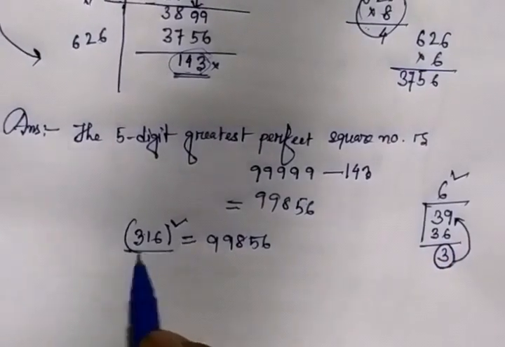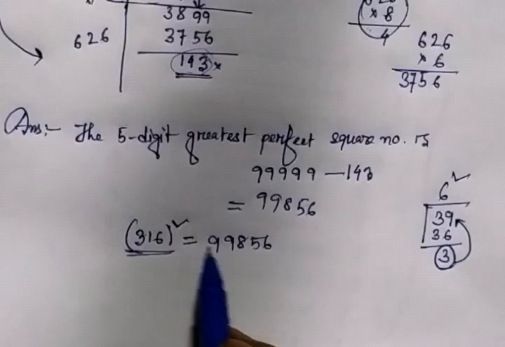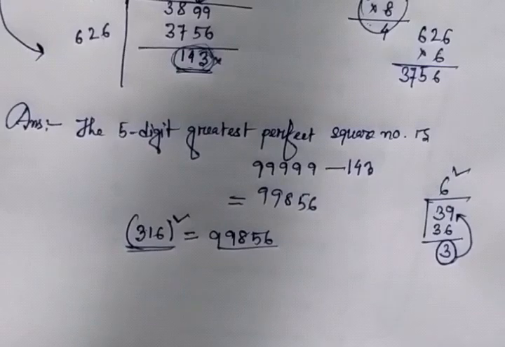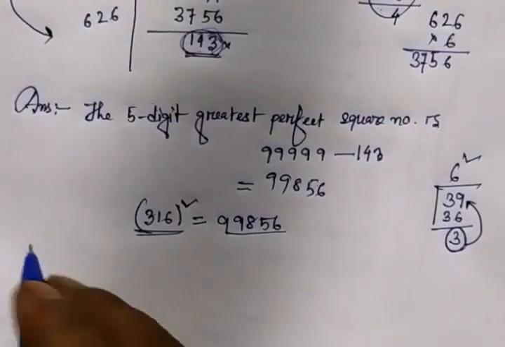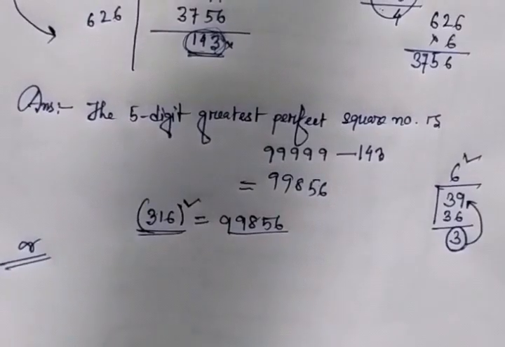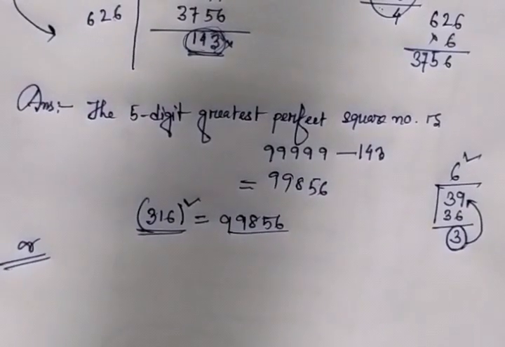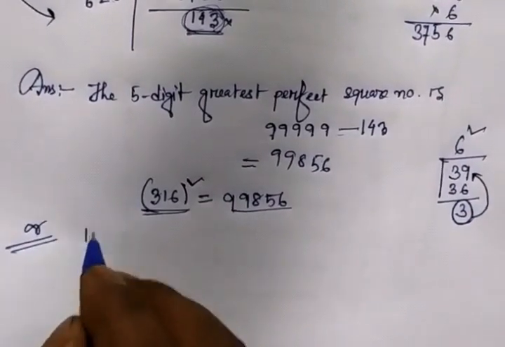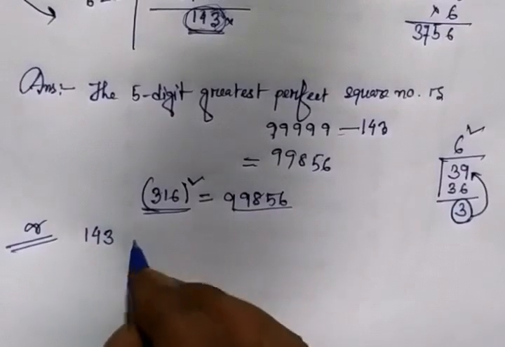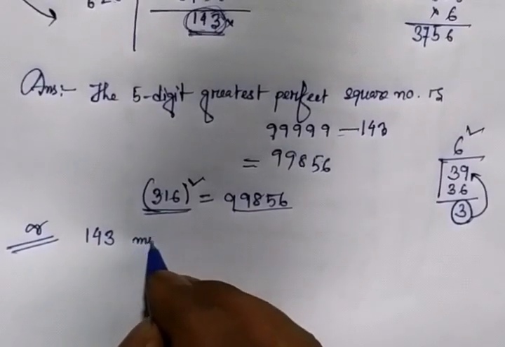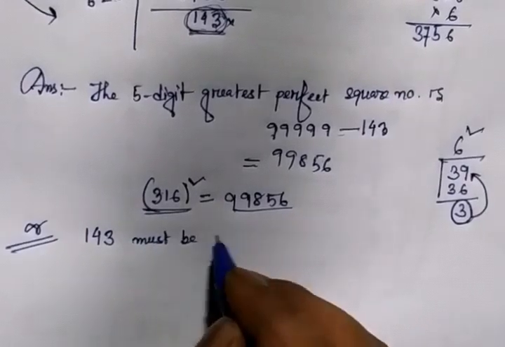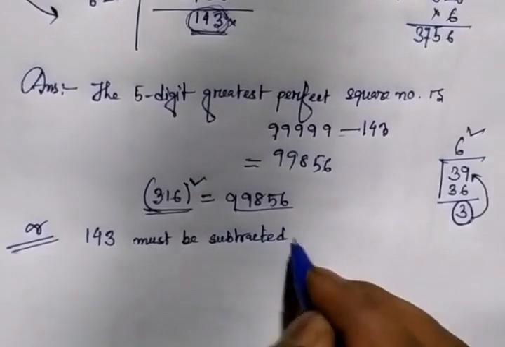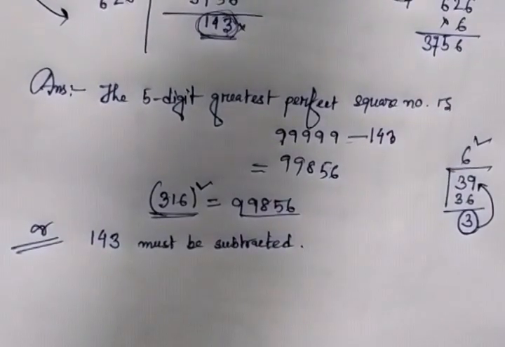So if we find 316 squared, we also get the result, or we subtract 143. So the answer for which smallest number should be subtracted from 99999 to get a perfect square number: 143 must be subtracted to get a perfect square number. Question number 2.